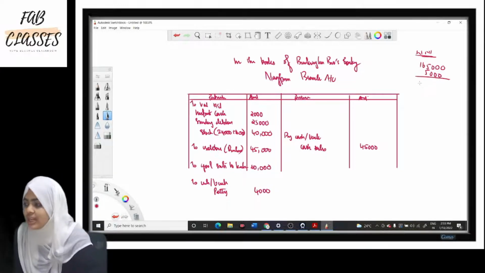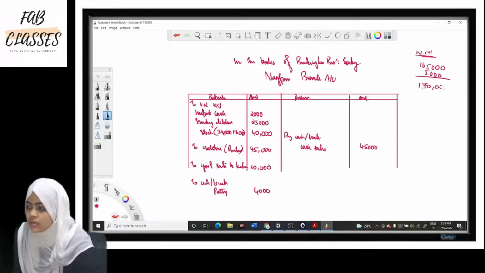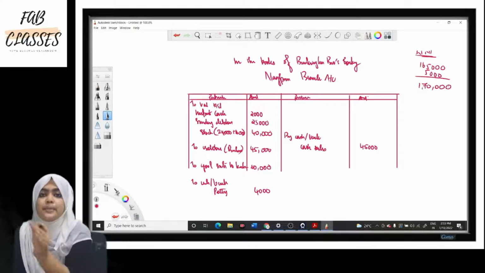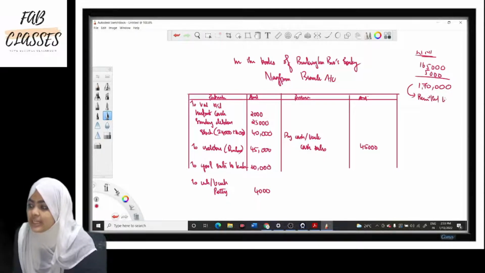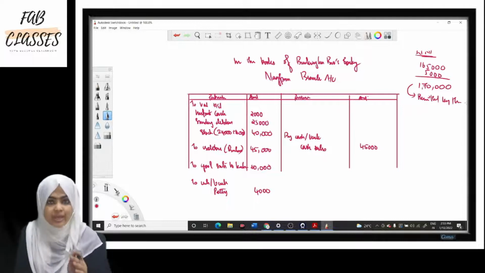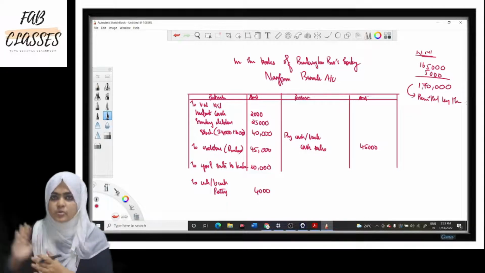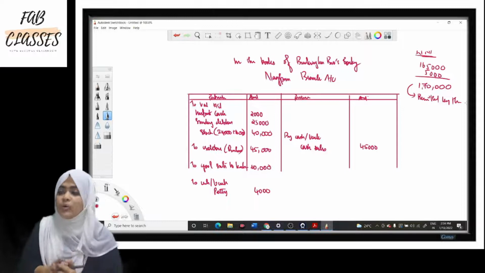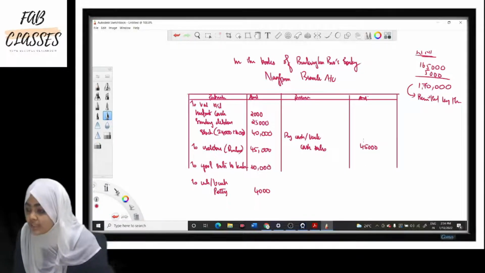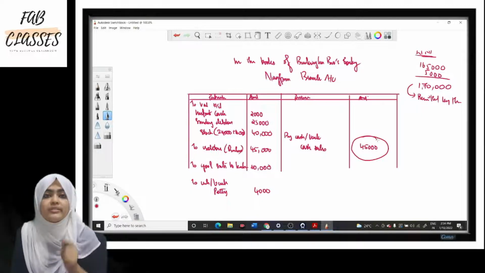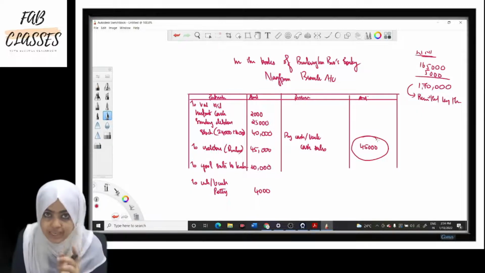So in total, 1,70,000 rupees has been remitted by the branch to the head office. Okay, so total 1,70,000 the branch gave us. Now we know out of this 1,70,000, 45,000 was given for what? 45,000 was given for cash sales, right?